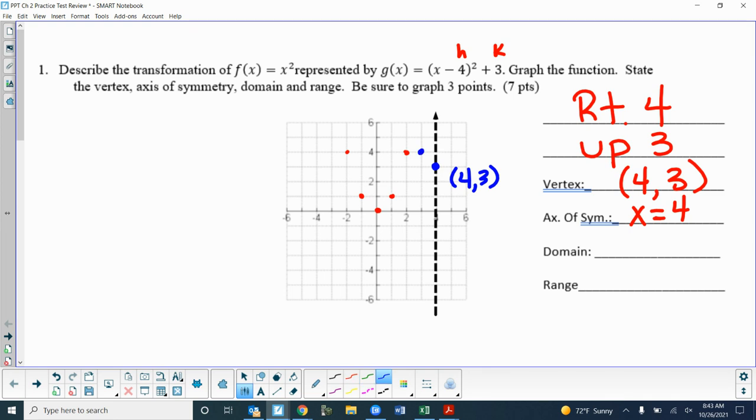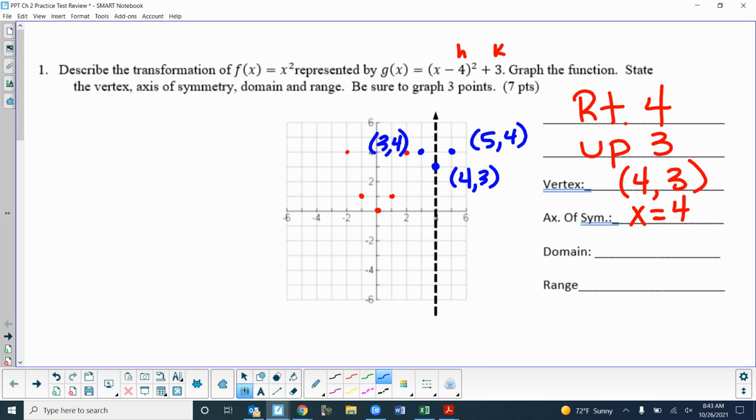And do we have to plug in 5, or what do we know about that other point since we have our axis of symmetry? It's reflected, right? Because it's symmetrical. So there's another point. And I just asked you to graph 3 points, right? So 5, 4, and 3, 4.